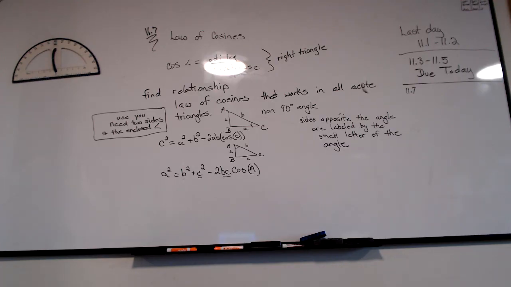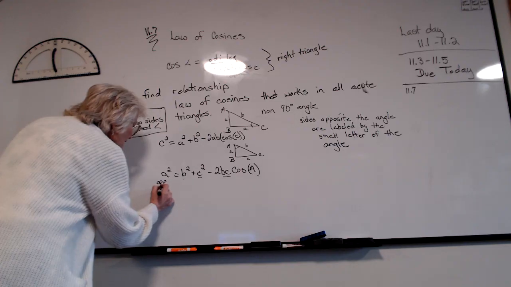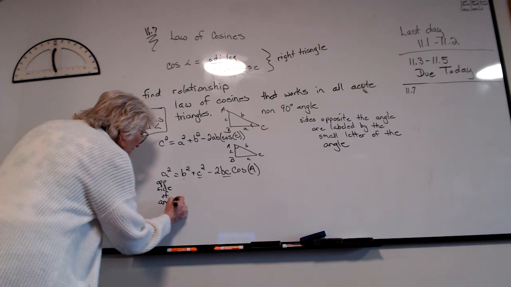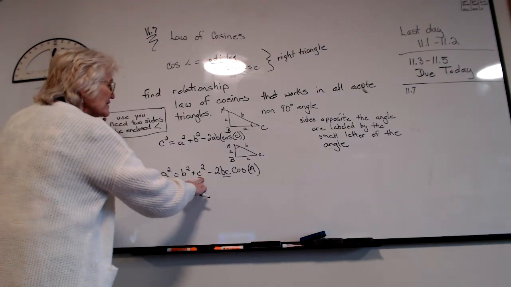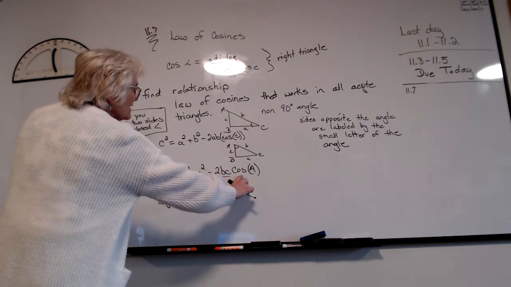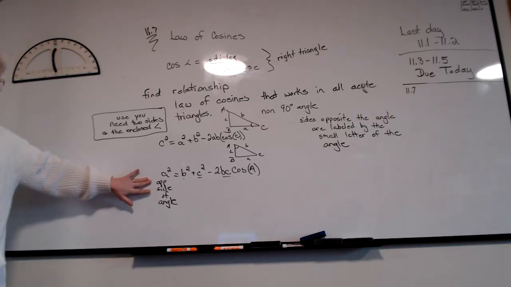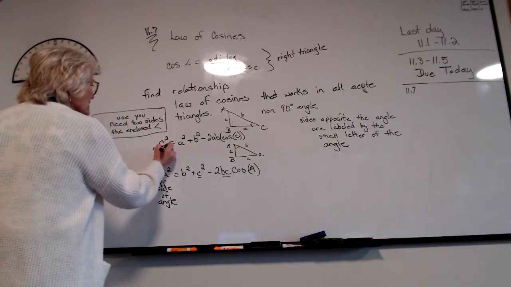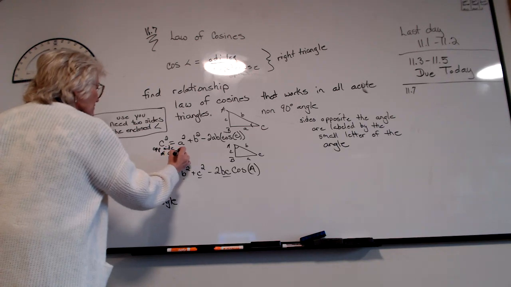No. Have these written down. But this is always the opposite side of the angle that you're using. So always start with it. These are the other two sides, and then this is the cosine of the angle that you're using. The one that's outside is always the opposite side of the angle that's in the cosine.